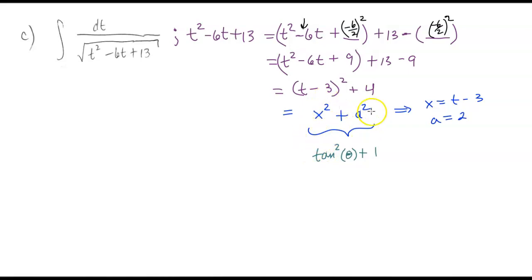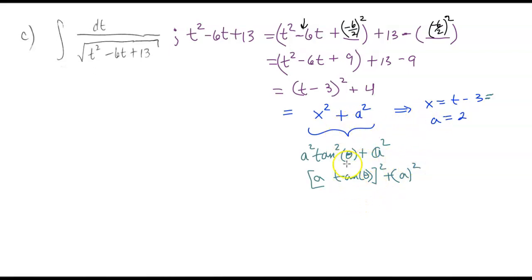And if I wanted to balance it with the a, I would just have a squared here, and this would just be a squared there if I wanted to balance it out. So my point here is that with this x being here, this could be t minus 3, but this also could be a times tangent theta, okay? Because remember, this could be written as a times tangent theta quantity squared plus a squared, okay?